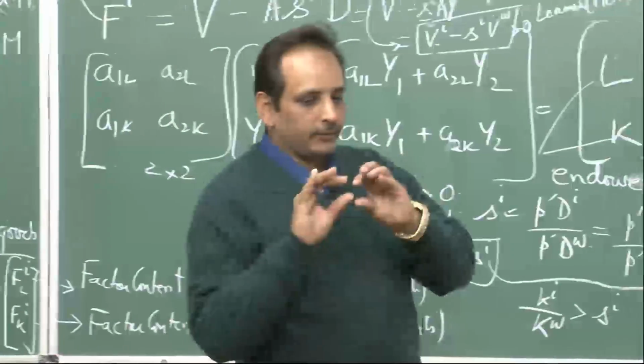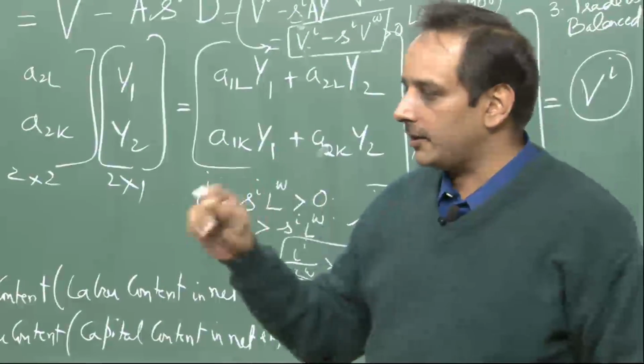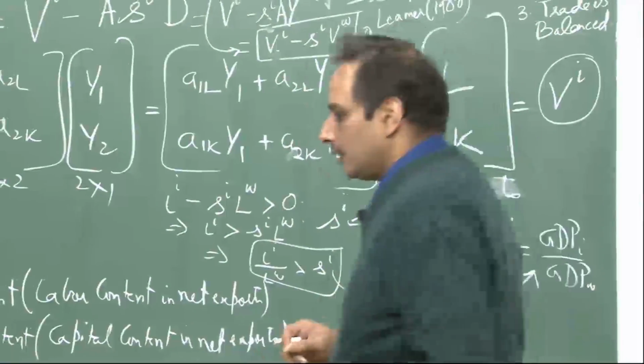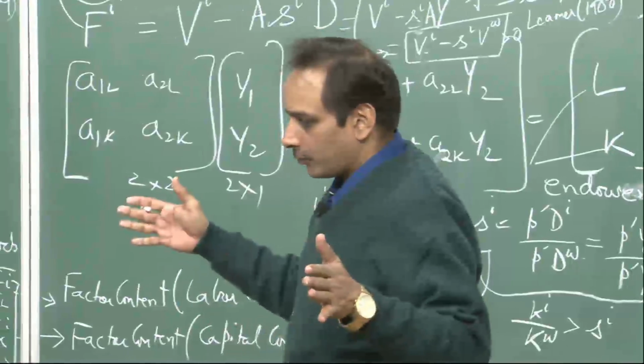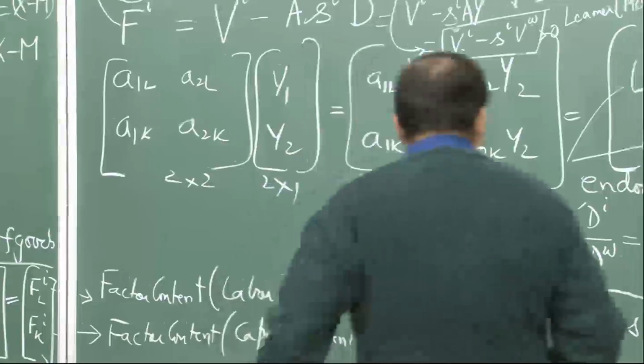So, the effective R&D spending is the total R&D spending, divided by the total R&D spending of the world, and this would give you the effective share.